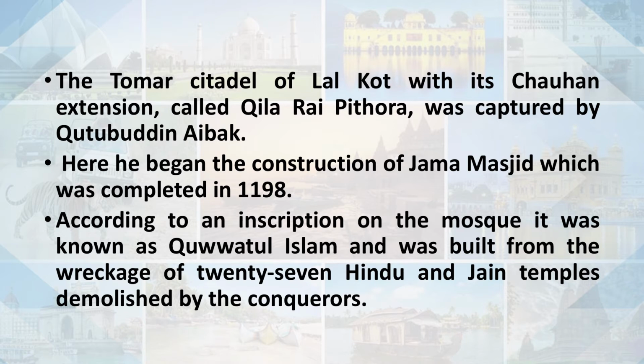Here he began the construction of the Jama Masjid, which was completed in 1198. According to an inscription on the mosque, it was known as Quwwat-ul-Islam and was built from the wreckage of 27 Hindu and Jain temples demolished by the conquerors.